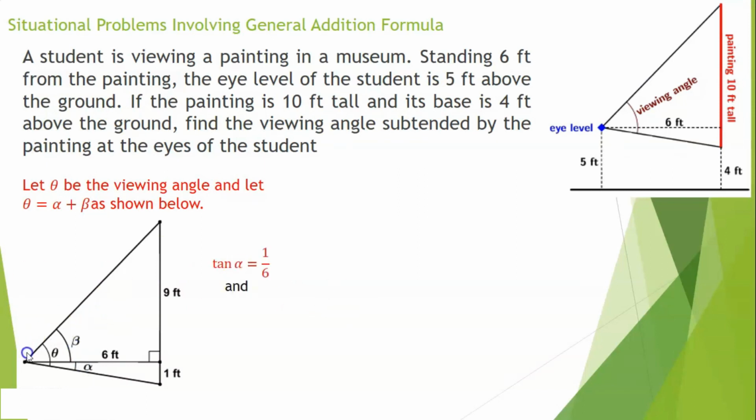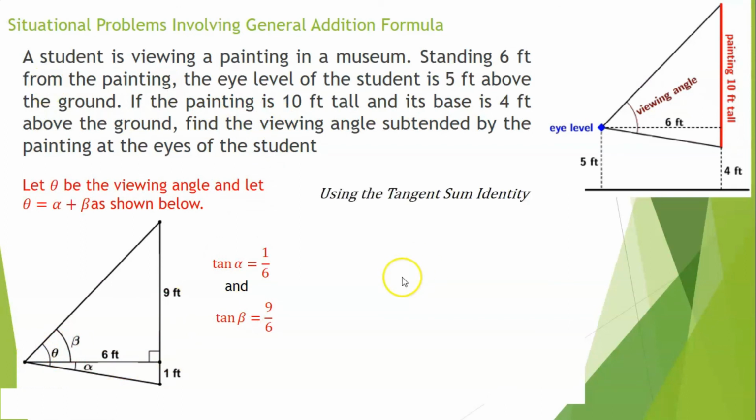So tangent alpha, this angle here, tangent is opposite over adjacent, so opposite is 1 and the adjacent side is 6. And tangent beta, this angle, the opposite is 9 and the adjacent is 6.